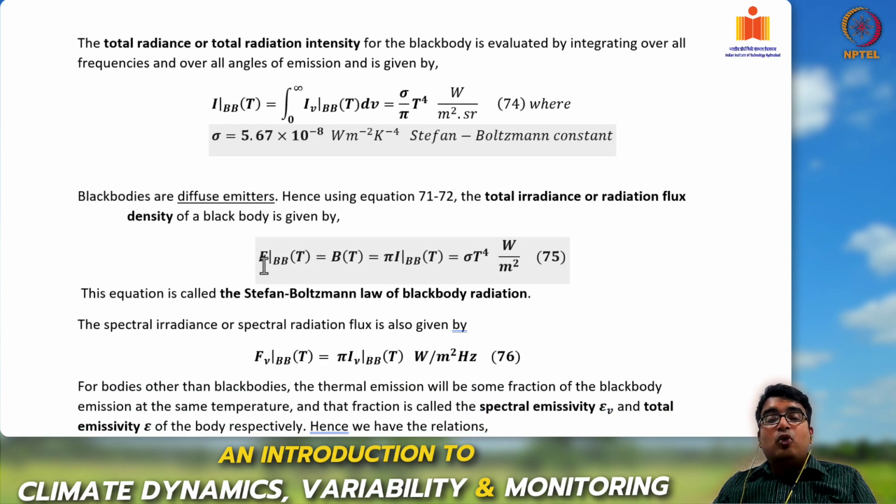So the total irradiance or total radiation flux density, whether it's the upward flux density or the downward flux density, is given as the flux density for a black body at a given temperature, shorthanded as just B T, which is pi into I BB T, this term here, which is sigma T to the power 4 watt per meter square. So the black body radiation flux is sigma times T to the power 4 in watt per meter square, and this is called the Stefan-Boltzmann law of black body radiation.